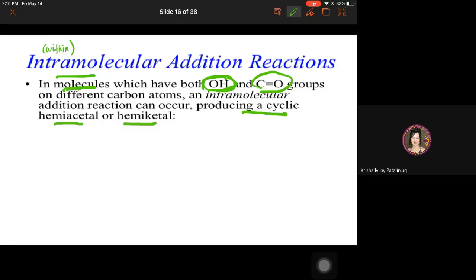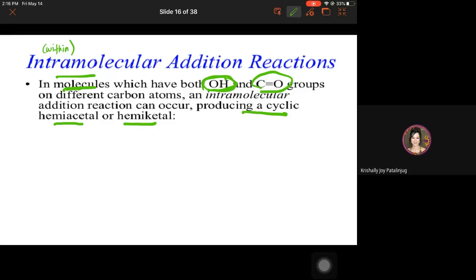That is why, when you identify the structure, whether it is a hemiacetal or hemiketal, most of the examples given are cyclic, where the oxygen is part of the ring. It is because most addition reactions happen intramolecularly, especially among carbohydrates.